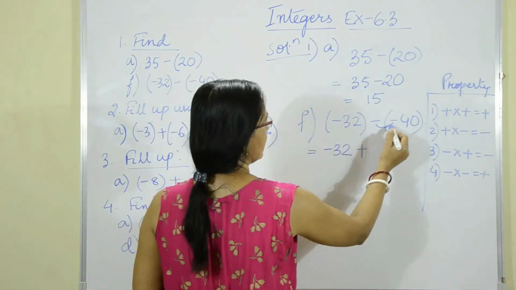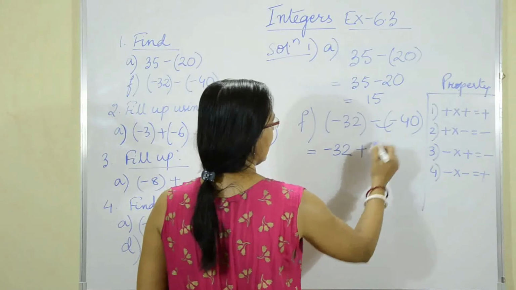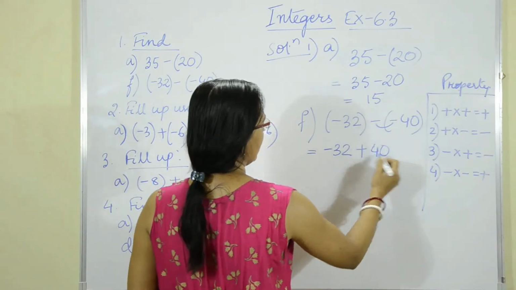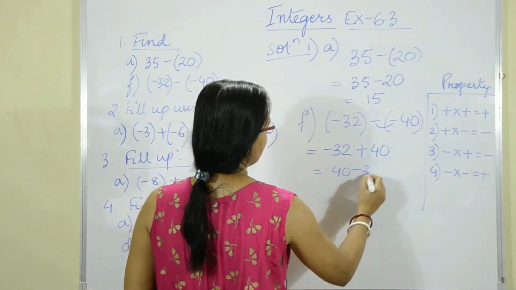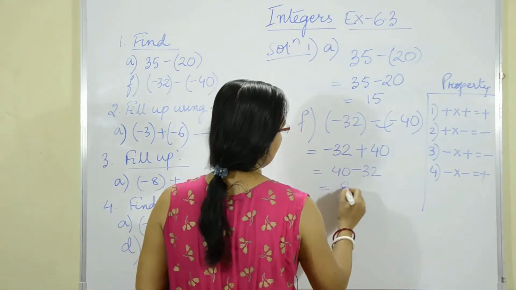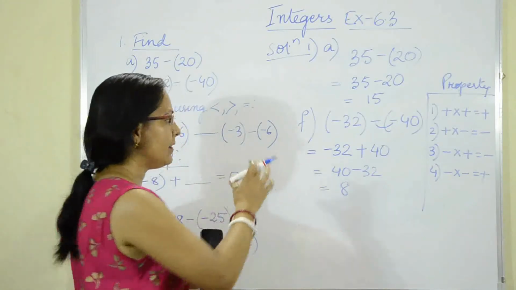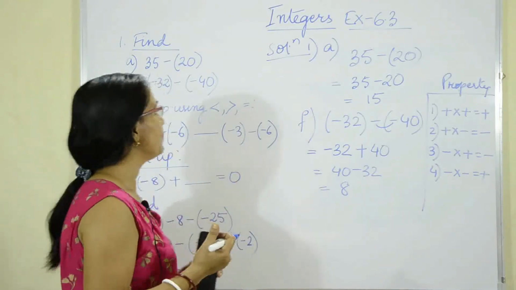Now it is minus into minus is plus, and then 40. Now 40 is greater. 40 minus 32, you could write 40 minus 32, and this is nothing but 8. Once you nicely arrange it, it is easier for you to find out.